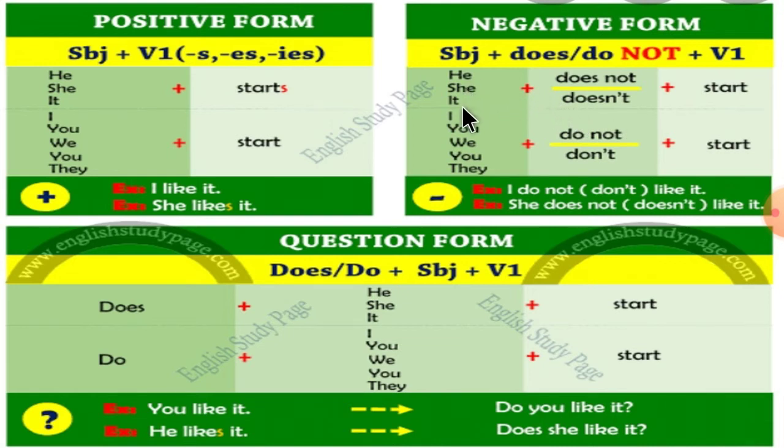And when you are taking I, you, we, you or they as a subject, then use do not or don't plus verb.